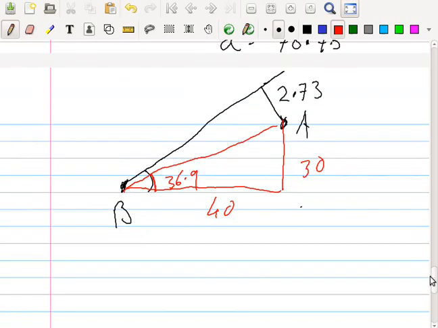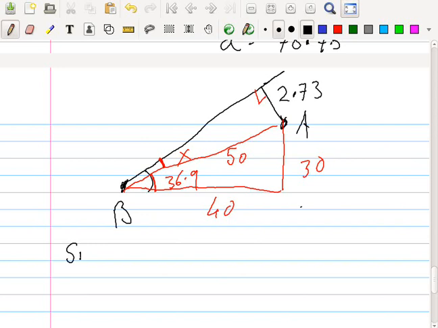So really, I'm trying to figure out what angle do I need to put here to make this triangle. Okay? Well, I still know that this here is 50. I still know that this is right angles. I'll call this x. So what can I use here? I have opposite and hypotenuse. So sine.